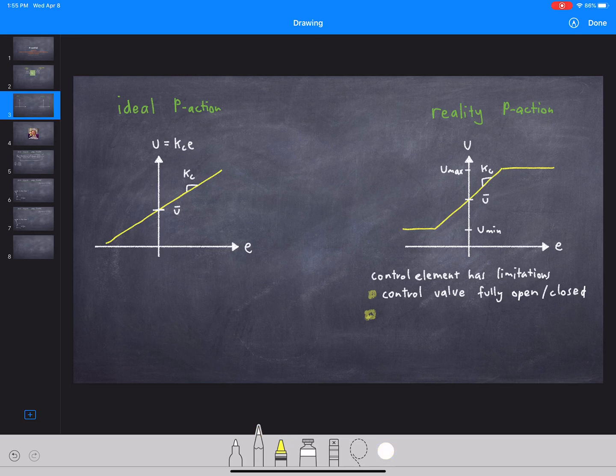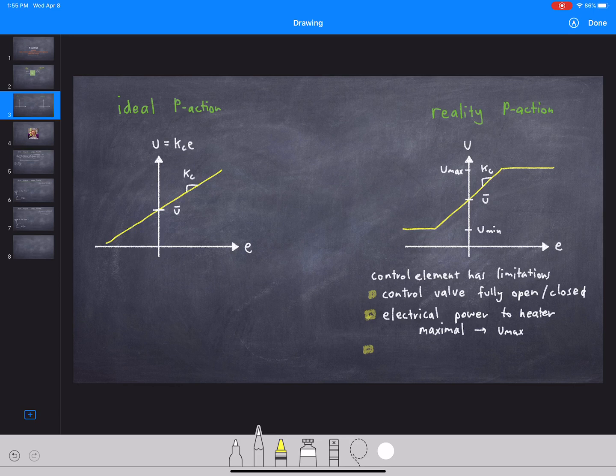Another example is if the electrical power to a heater is maximal, there's electrical power limits. And that would give you a maximum, right? This would give you U min and U max.